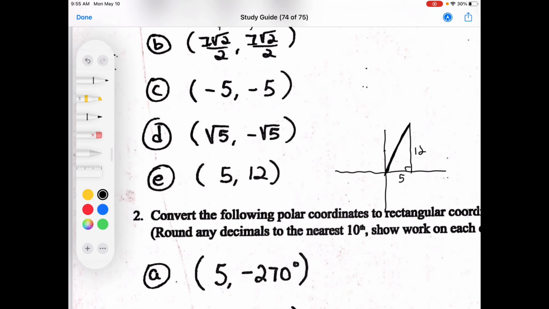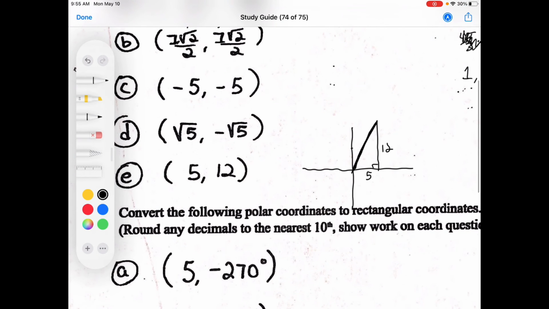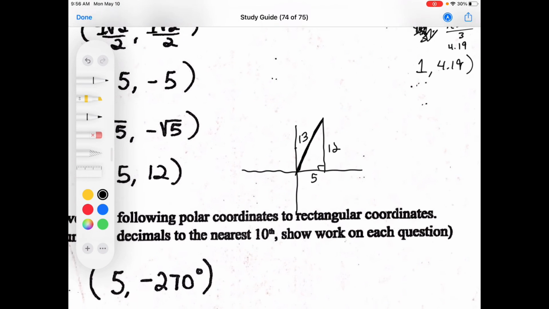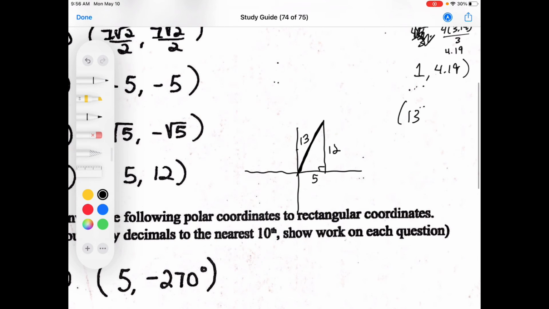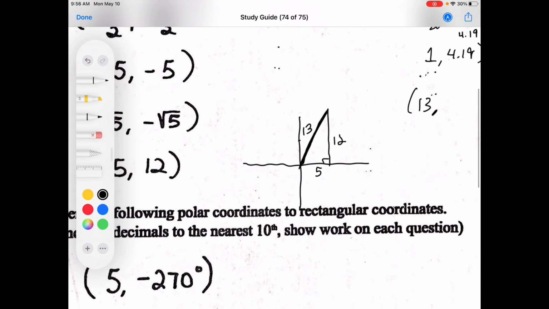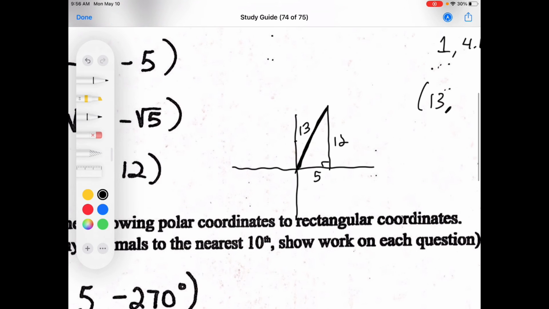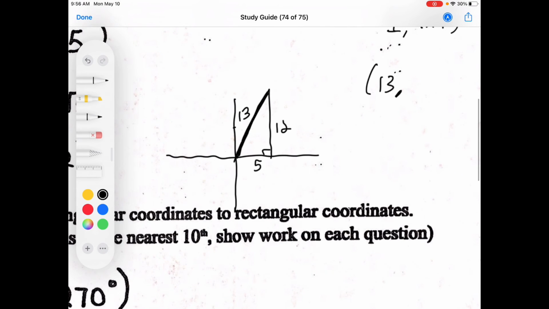If you know your triples, this is a 5, 12, 13 right triangle. So my radius is 13. So there's half my answer. Now I need to figure out what the radian is. But if I can find the degree of this, then we can find what the radian is. So what I need to find is this degree.